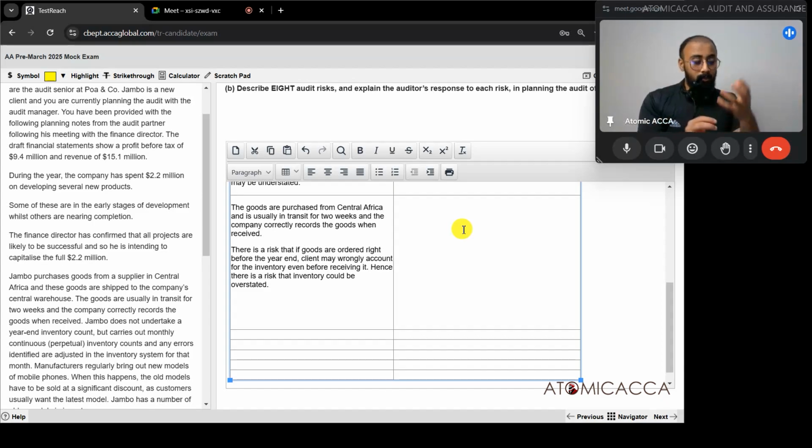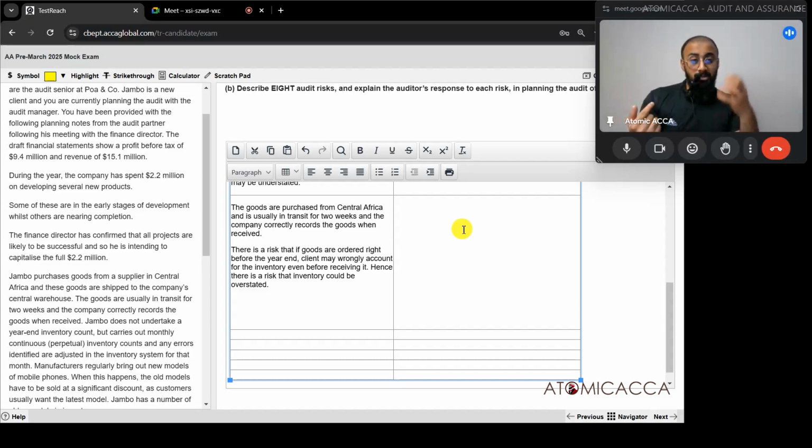Now I want to compare when this goods dispatch note is coming from the supplier, and when these items are recorded within the financial statement. So when I compare this, I'll get an idea whether goods that were not received before the year end have been accounted for. So I'm going to check a sample of inventory that came before and after the year end. Check the goods dispatch note and the purchase orders. Purchase order is not going to give me any idea because anyway the time period is 2 weeks.